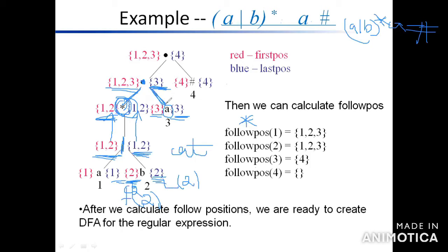For the last position, since the node is not nullable, you write the last position of C2 value. So here you write 3. The last position of C2 is 3.